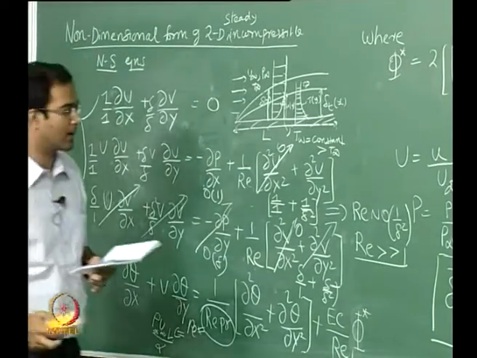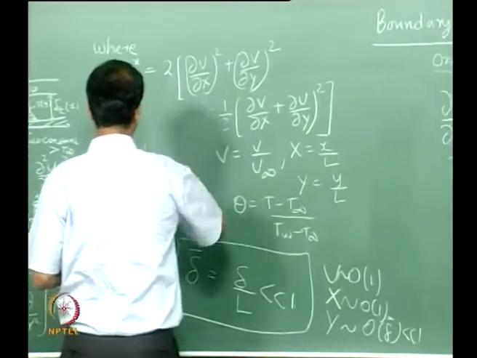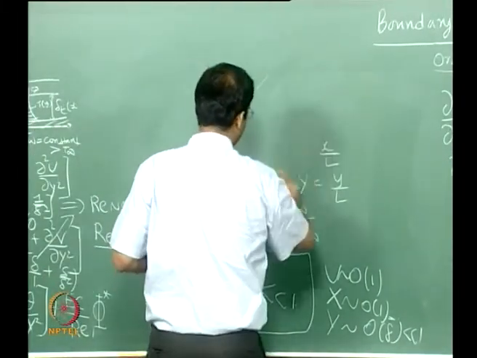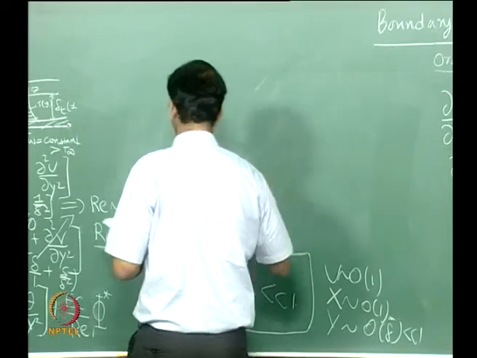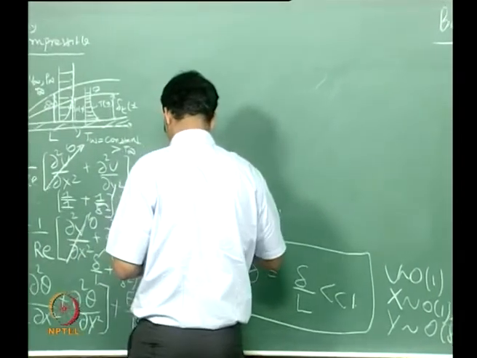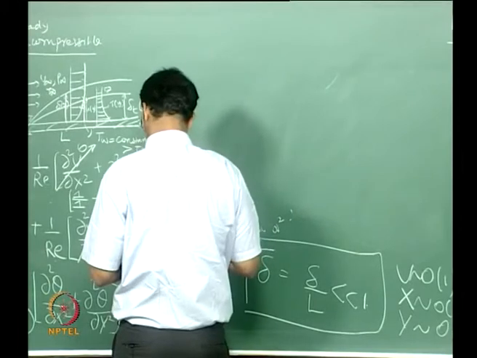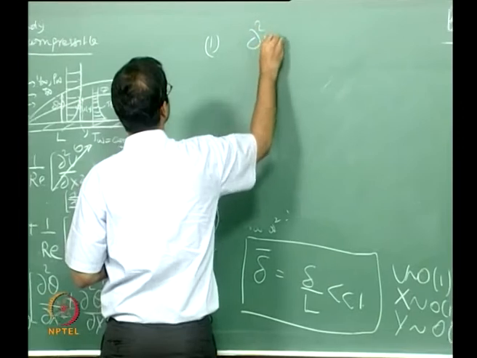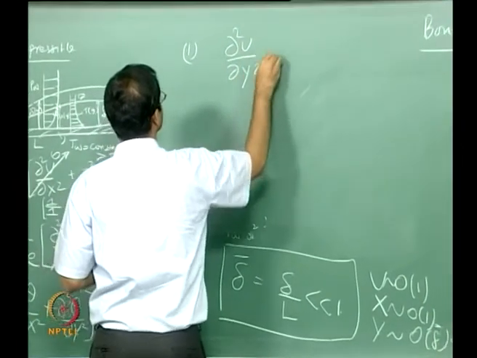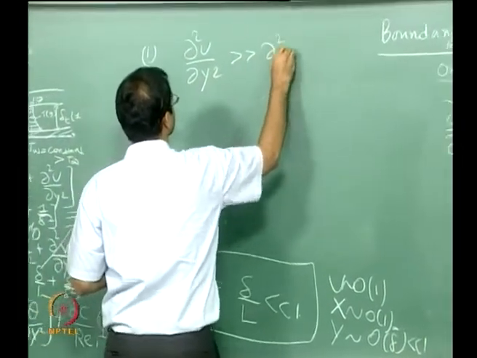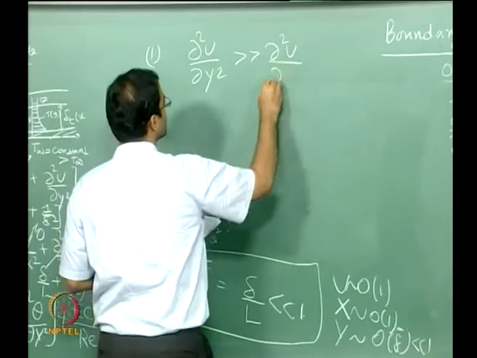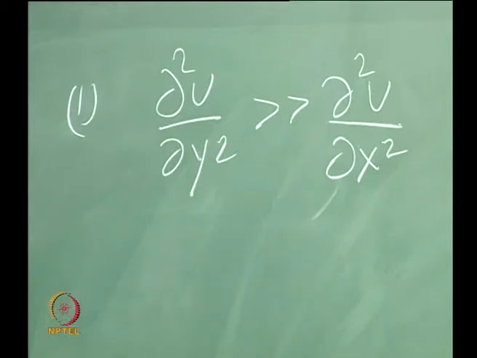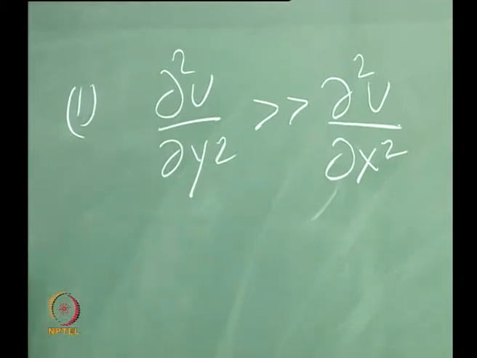Therefore, what comes out of this particular order of magnitude analysis is, number 1, your d square u by dy square is much greater than d square u by dx square. This comes from the x momentum equation, that is the first term that you neglected.